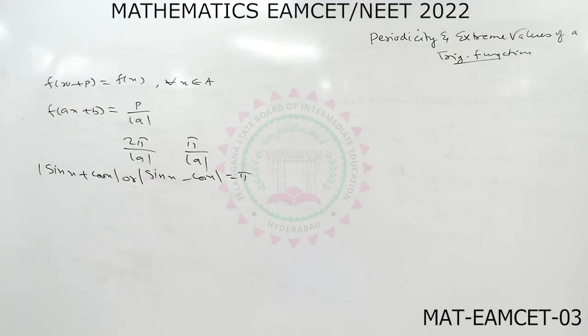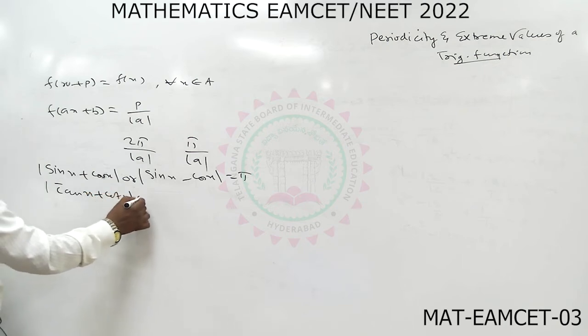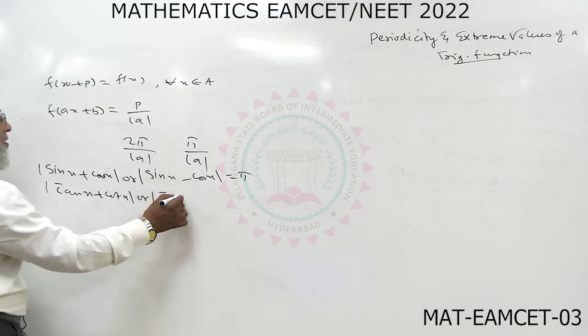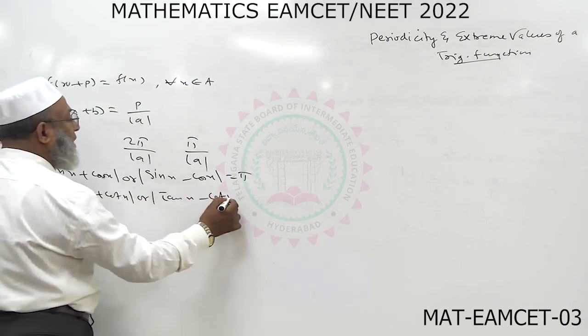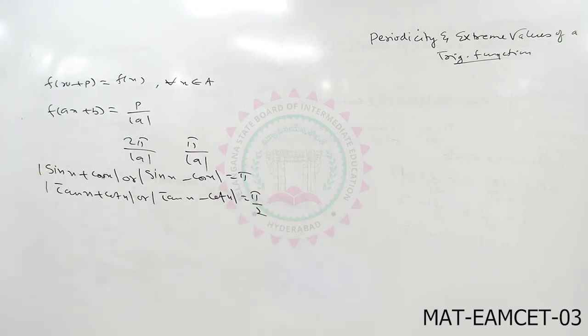The period of tan x plus cot x, or tan x minus cot x, is equal to pi by 2.